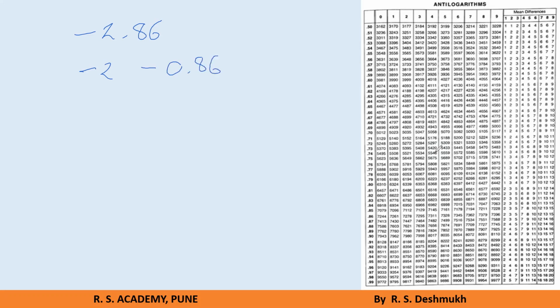Very easy: subtract 1 and add 1. That means I have done nothing. But what I get here is minus 3, and this part becomes plus 0.14. So whenever you combine them, it is written with a bar: bar 3.14.